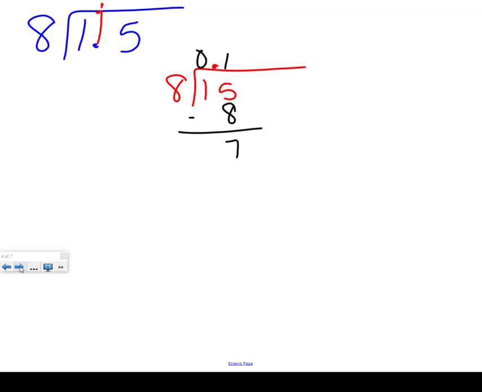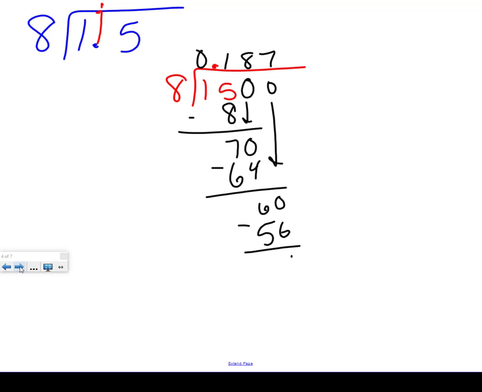So notice that I don't have anything else to keep going, but I'm going to add a 0 and see if we can get this to end up being a remainder of 0. 8 goes into 70 8 times, and 8 times 8 is 64. I'm going to subtract and get a remainder of 6 and put another 0 and bring it down. 8 goes into 60 7 times. 8 times 7 is 56. I subtract and I get 4.